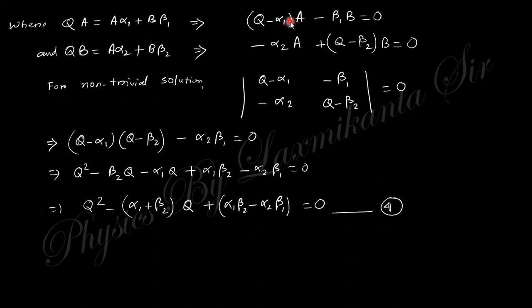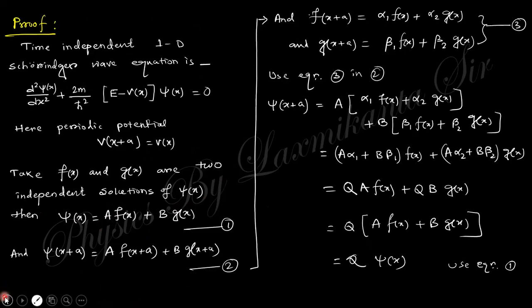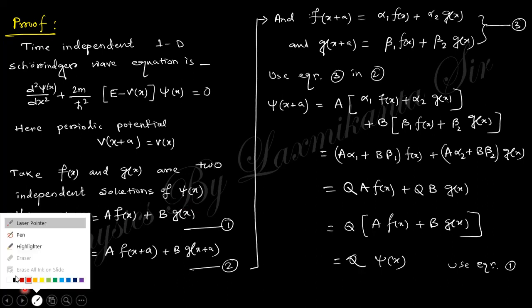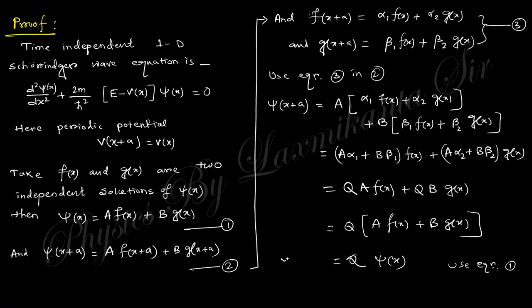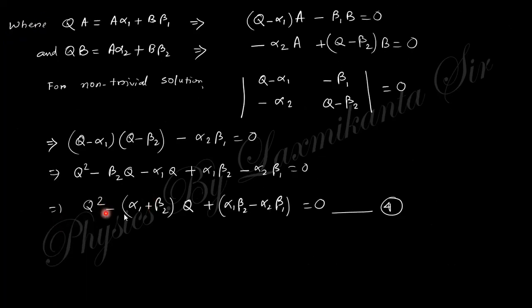For a non-trivial solution, the determinant will be equal to 0. So multiplying this with this one and this, finally you will obtain this equation, right? To find the value of q, you can see here we obtain this relation, that psi of x plus a is nothing but q into psi of x. So if you just find the value of q, then you will obtain the Bloch theorem easily.